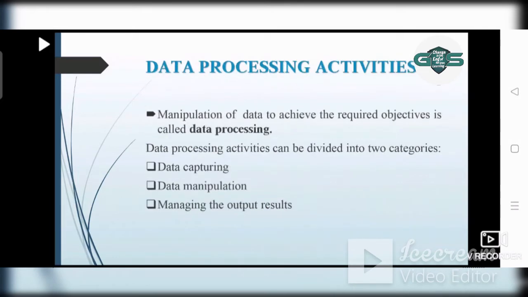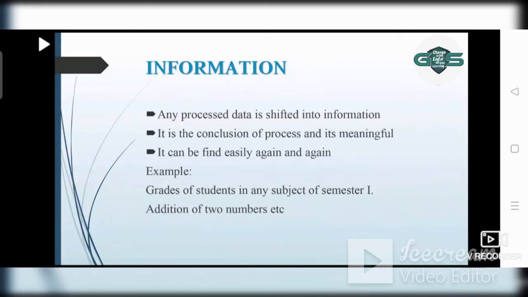Now, what is information? You can collect the data, and after collecting it you can process it, or apply any operation on your data and shift it into meaningful information. That form is called processed data, and processed data is known as information. On this information you make the decisions for your study, your organization or your business.